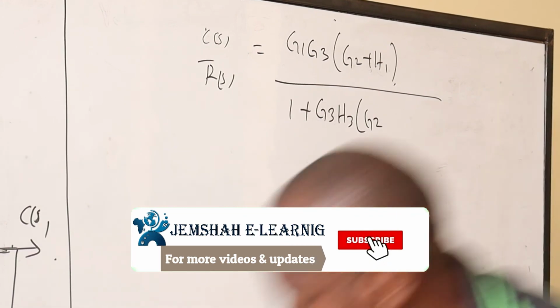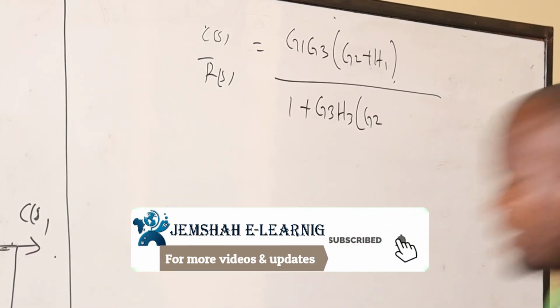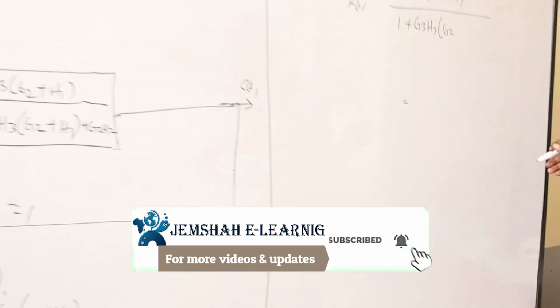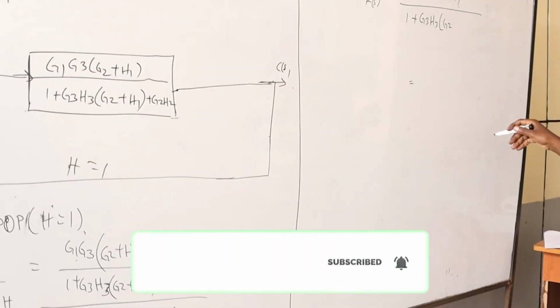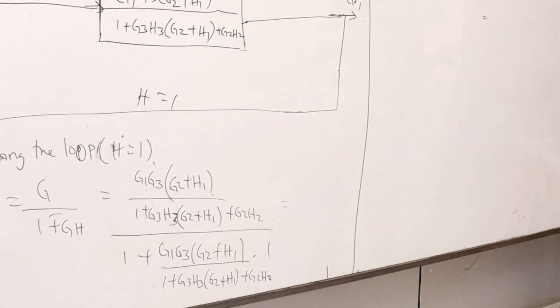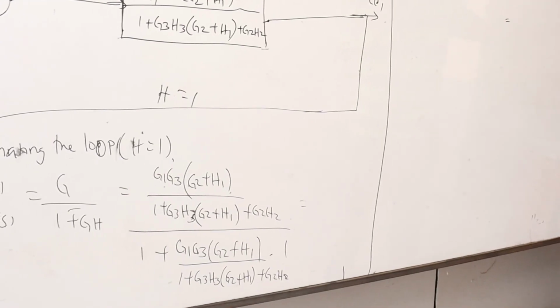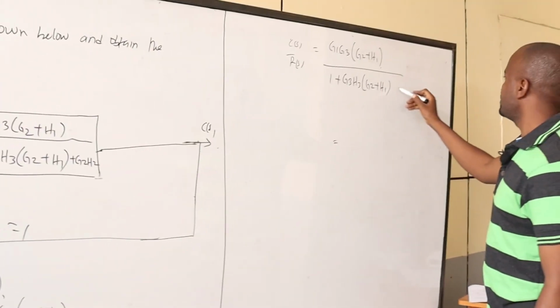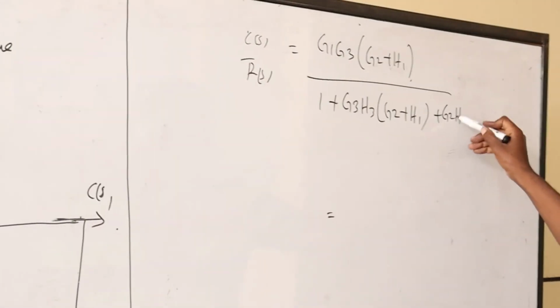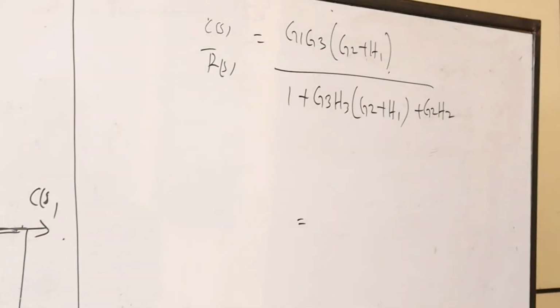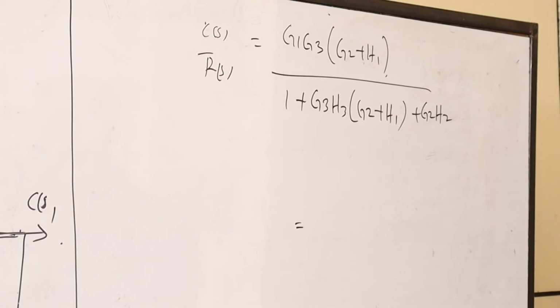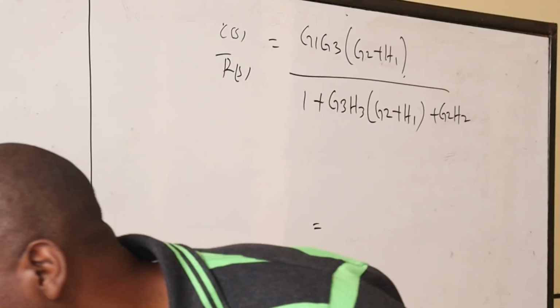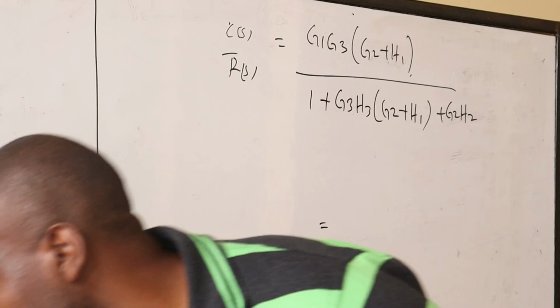Of course, this one you must multiply by 1 because H is equal to 1. Then plus G2H2, and because this one we add 1, that is going to be multiplied by that.